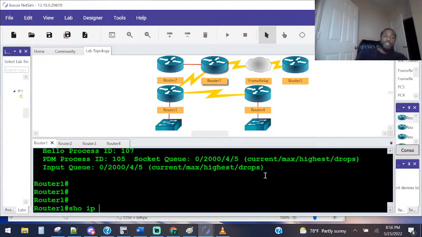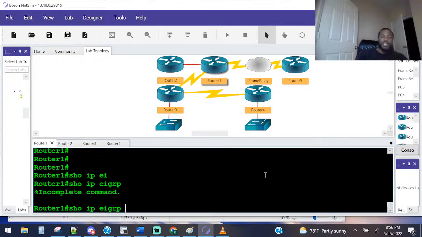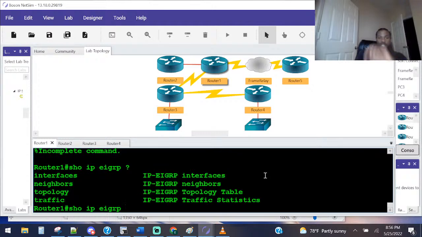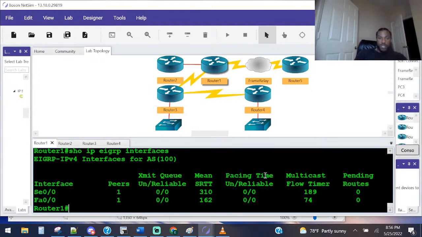I believe you just do show IP EIGRP. No, show IP EIGRP interfaces. No, I can't remember how to check the default timers, but I believe it's 4 and 10. Those are the default timers. He says hello every 4 seconds, and then he considers his neighbor dead 4 times the hello, which is 40 seconds. That's how you check in with the neighbor.